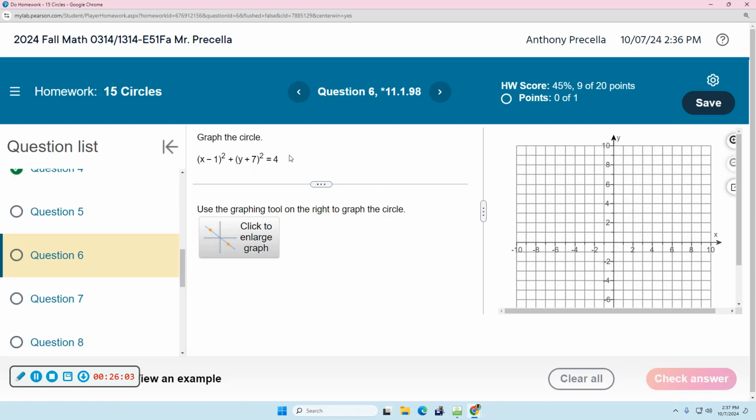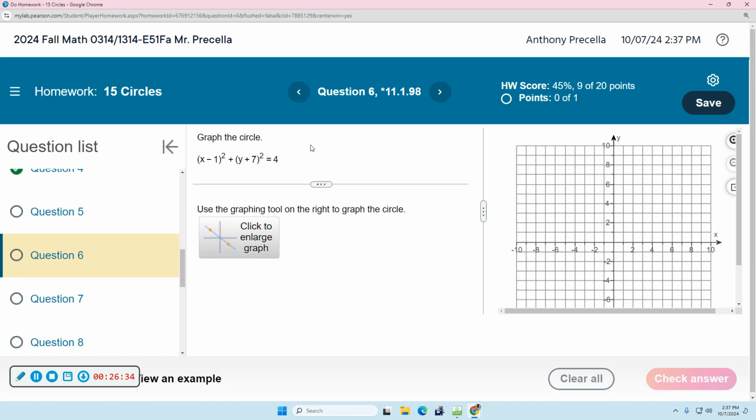Look at this, number 6. All they want us to do is to graph the circle, and they're giving us the equation. This is number 6. Let me write that down. x minus 1 quantity squared plus y plus 7 quantity squared is equal to 4.